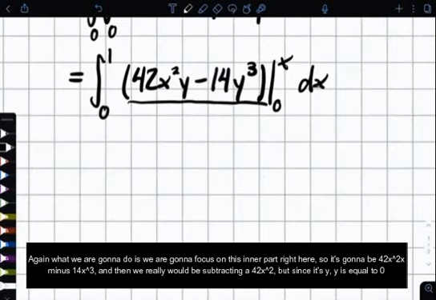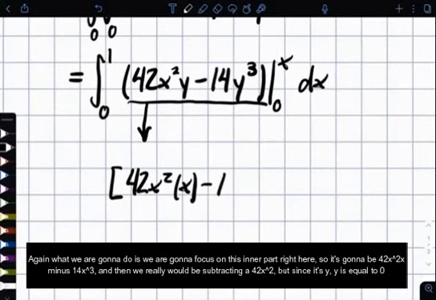Again, let's focus on this inner part. It's 42x squared times x minus 14x cubed.